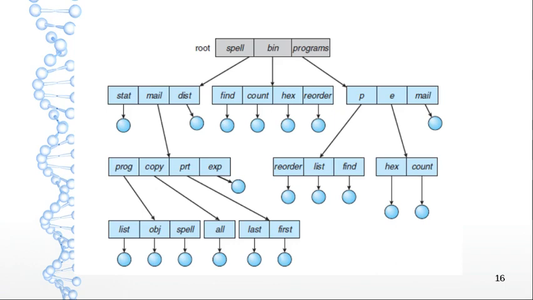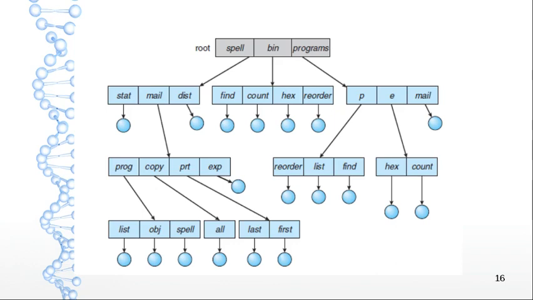That slide has no title, but we're referring to the tree-structured directory. Once we have seen how to view the two-level directory as a two-level tree, the natural generalization is to extend the directory structure to a tree.